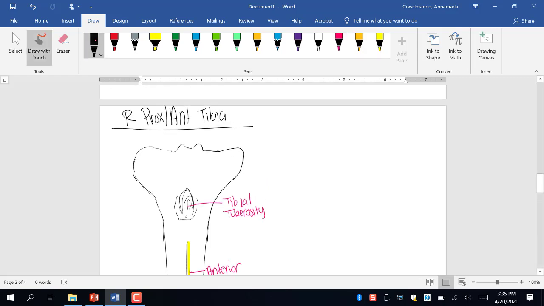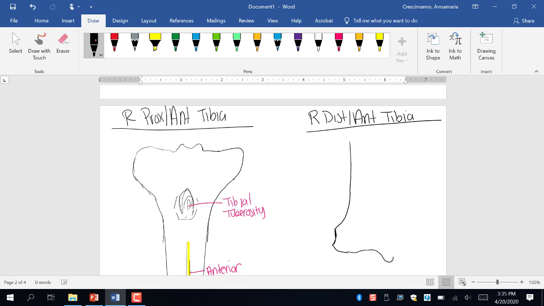Then we jumped down to the distal aspect of our tibia, where we identified our medial malleolus and opposite of that, the fibular notch.